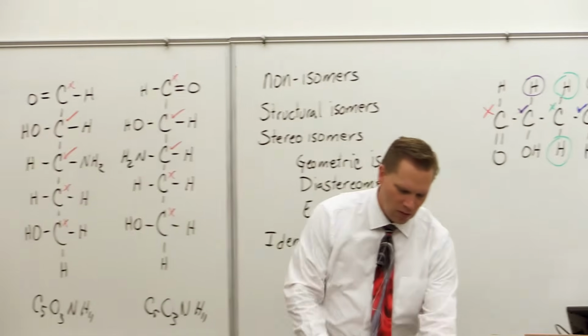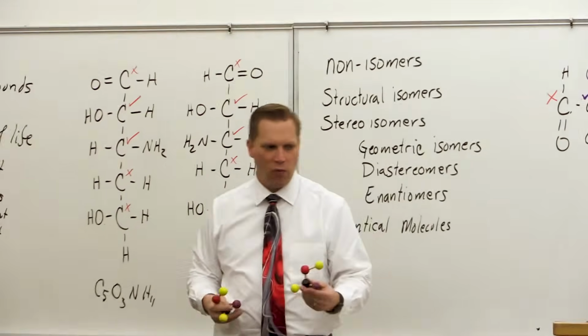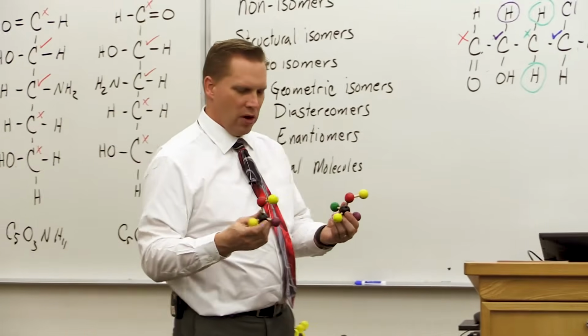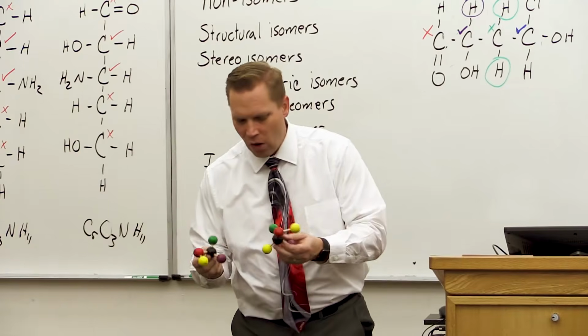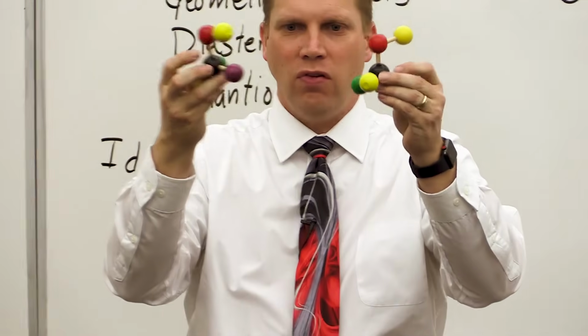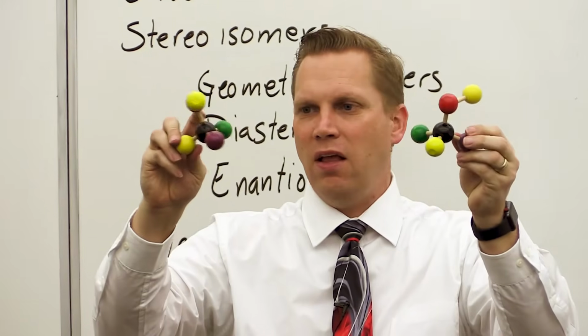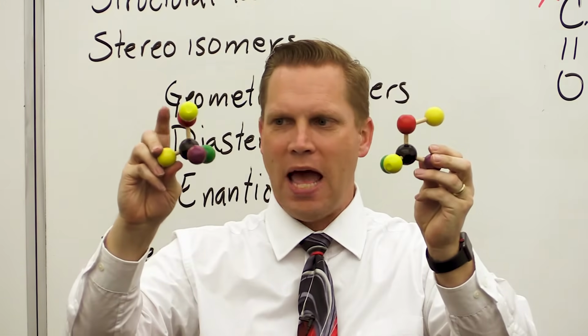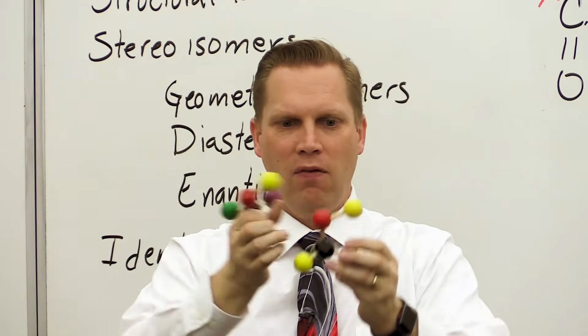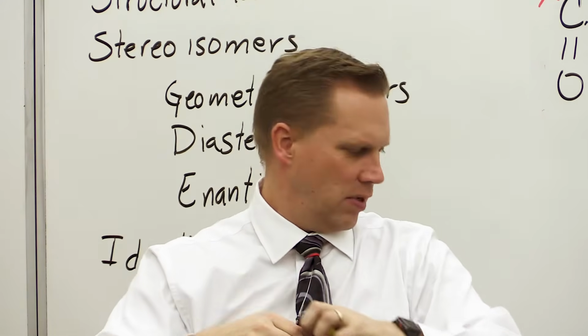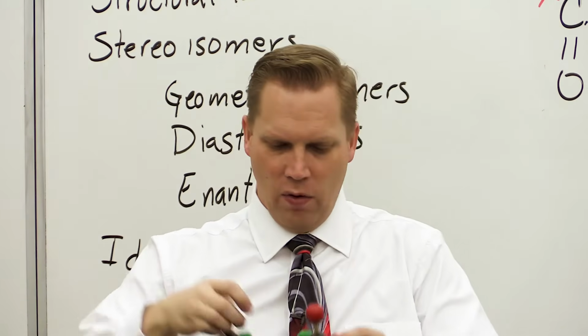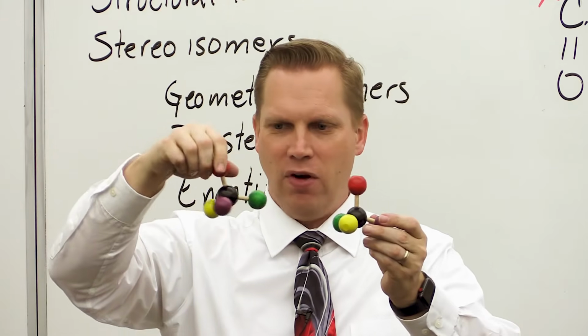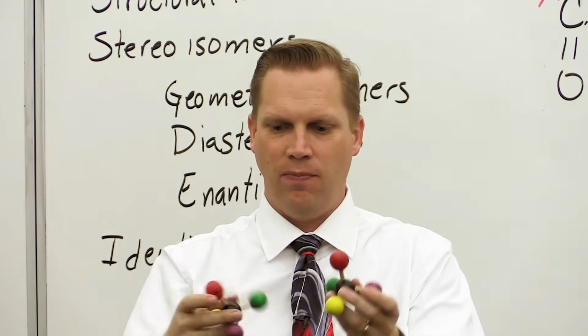But for a minute, let's talk about what we mean by the same or the mirrored orientation. So here I have 2 models, and each has a central carbon bonded to 4 different things. We've got a red atom, a purple atom, a green atom, and a yellow atom attached to these.